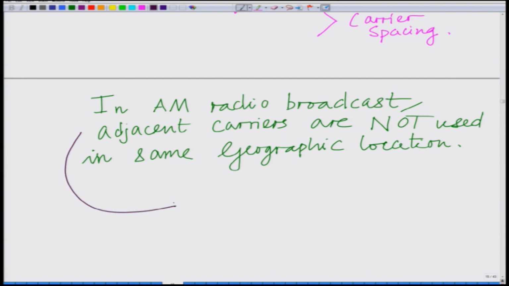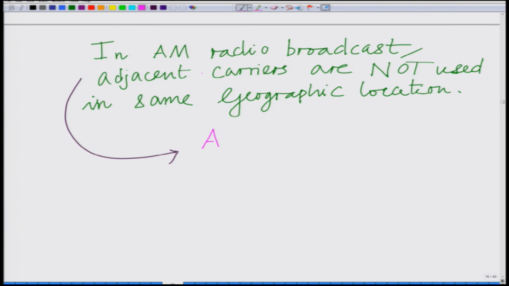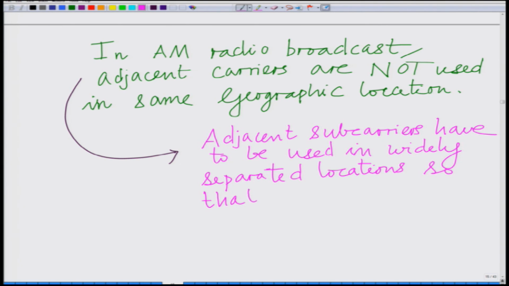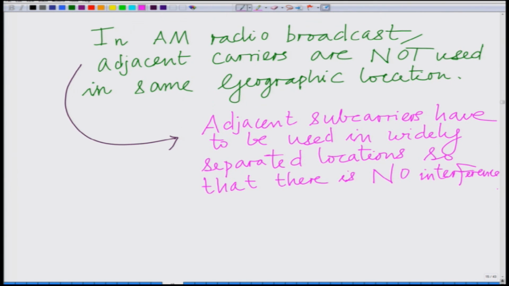So adjacent carriers have to be used in widely separated locations so that there is no interference. That is basically the point.